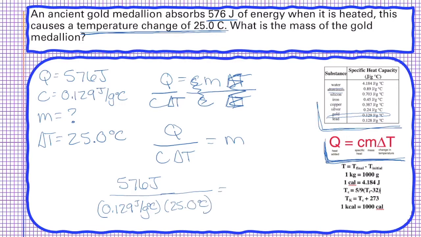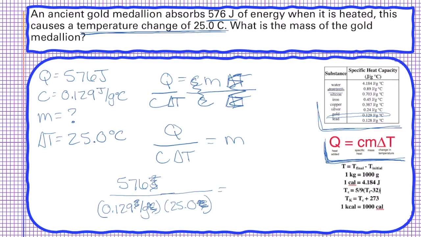Let's take a look at how our units are going to be canceling out. I have a joule in the numerator, inside that larger denominator, so that's going to cancel out. Then I've got degrees Celsius in the denominator of this unit and degrees Celsius here. That's going to cancel out, and that's going to leave us with units of grams.